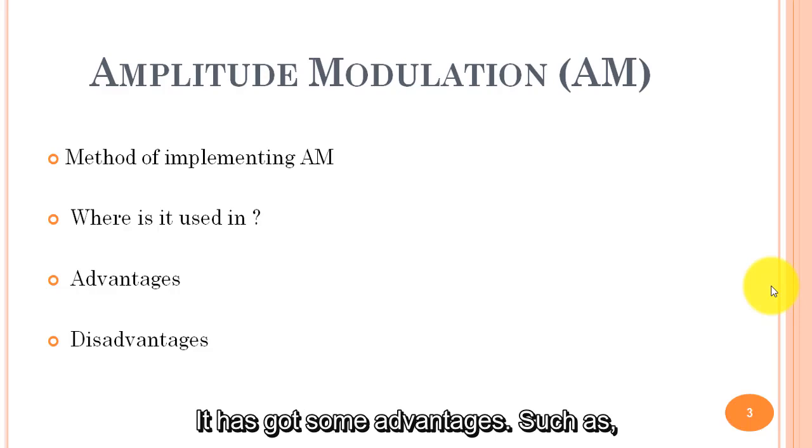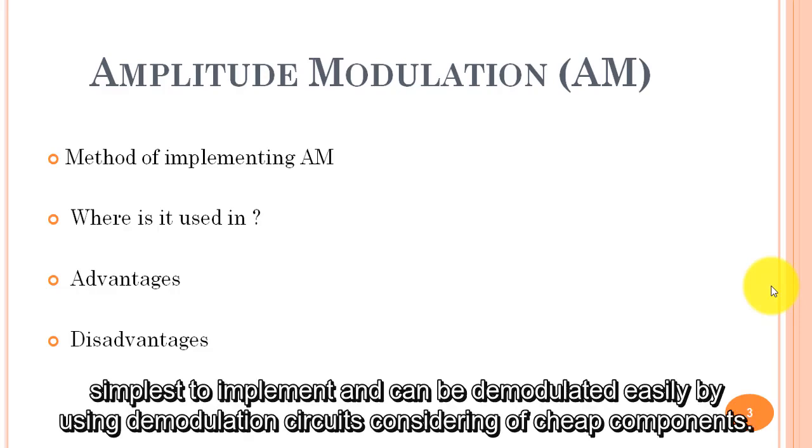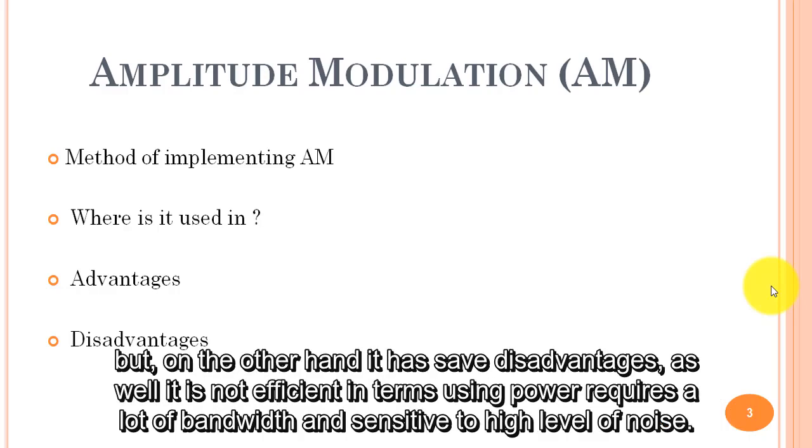It has some advantages: it is simple to implement and can be demodulated easily using demodulation circuits consisting of cheap components. But on the other hand, it has some disadvantages as well. It is not efficient in terms of using power, requires a lot of bandwidth, and is sensitive to high levels of noise.